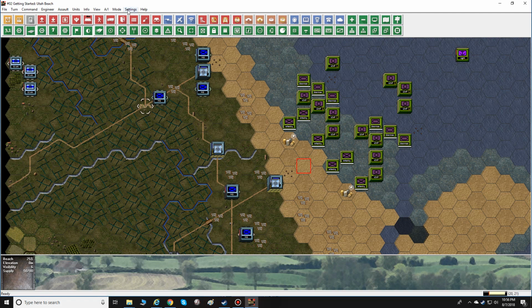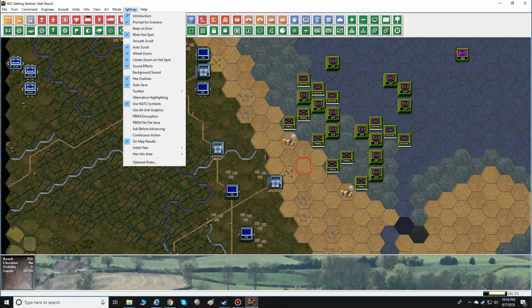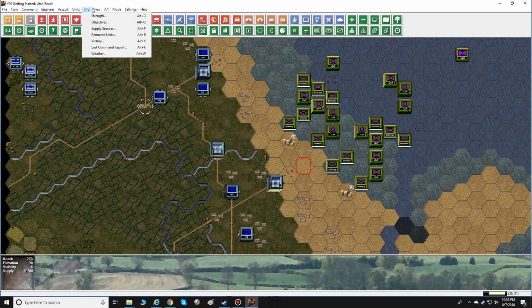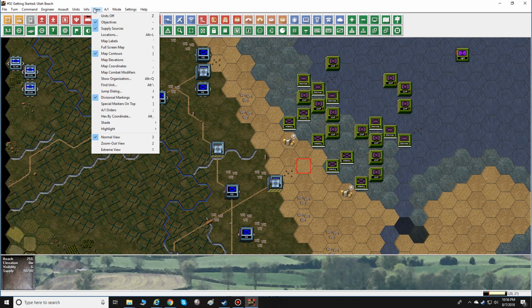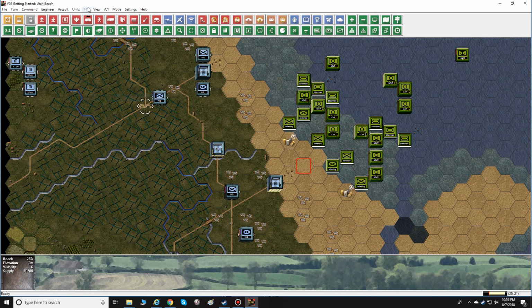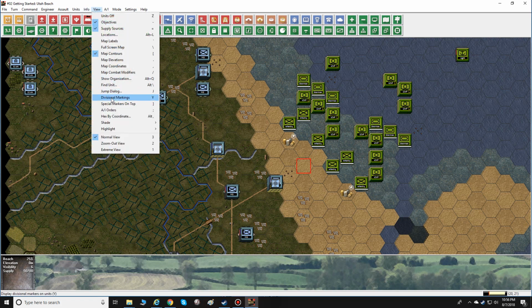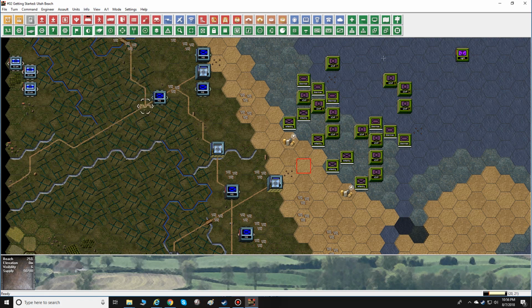We looked at doing some things with the interface. One thing I failed to mention last episode, which is ultra important, is to go into the Review tab and make sure you have divisional markings on. I'm going to turn them off for a second. When I turn them on, you can actually see them. In this scenario, it doesn't really matter because they all turn purple and they're all part of the same division.